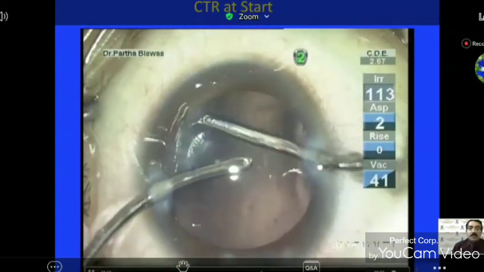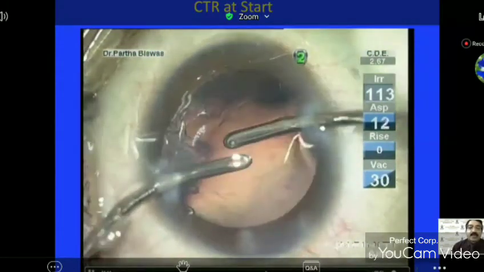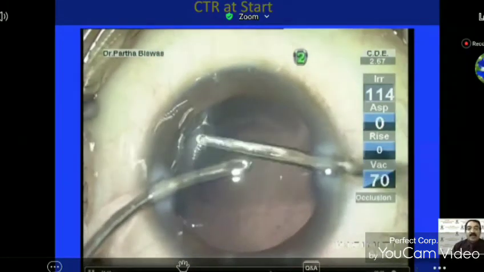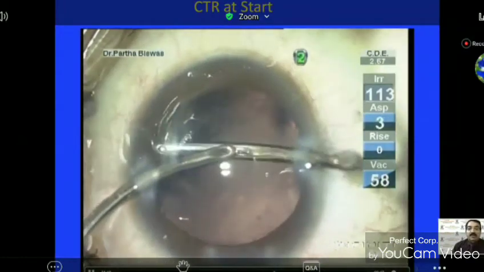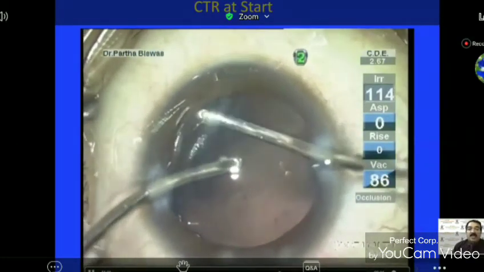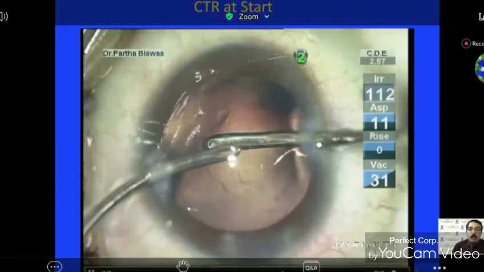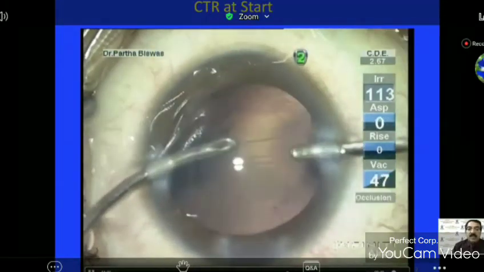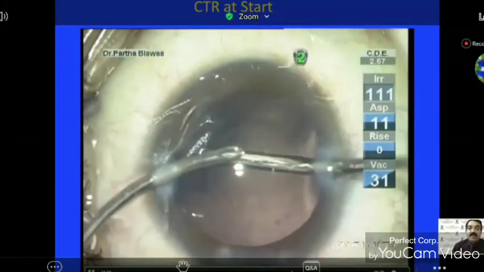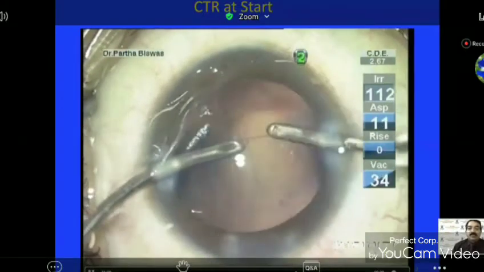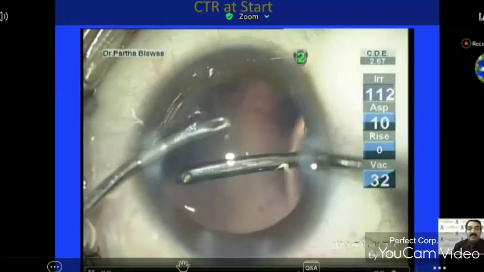Then gradually the cortical matter has to be removed. This is where the cortical matter might get combined with the CTR and cause a drag on the CTR, so a tangential removal of the cortex is important. If this is done carefully, we will not increase the amount of subluxation in these cataractous lenses.